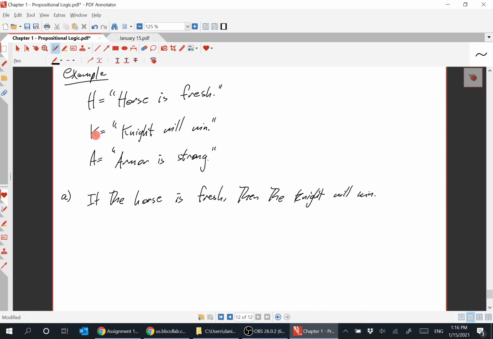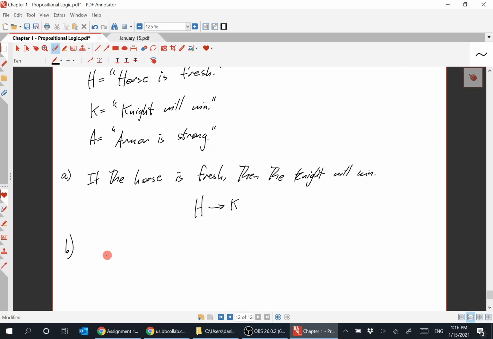Using H, K, and A. Well, you don't need A, actually, but just using H and K. If the horse is fresh, then the knight will win. Is it H implies K? H implies K. All right, that's the standard, one of the 2 standard ways in which implication is written, as an if-then, if H, then K, or H implies K.